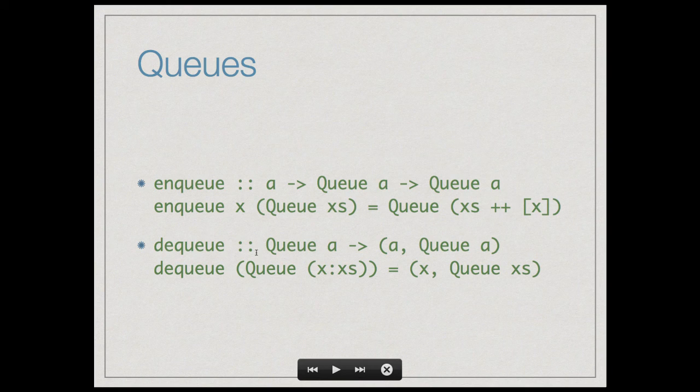DQ is a function that takes a Q as input and produces an element of type A and a Q A object as output. DQ of Q (x colon xs) is the pair consisting of x and Q xs.